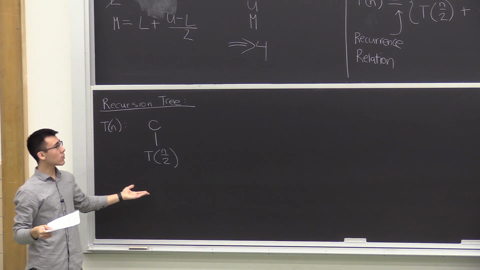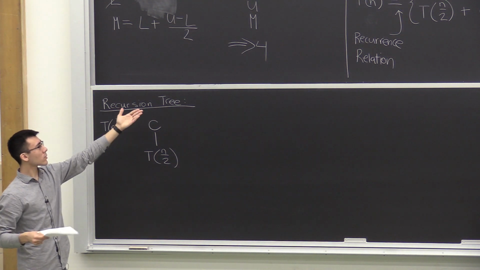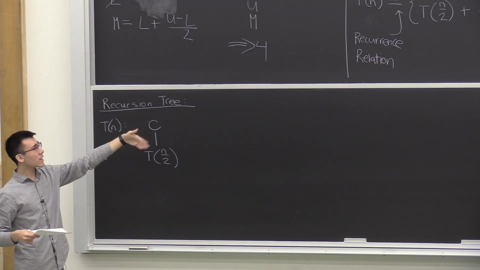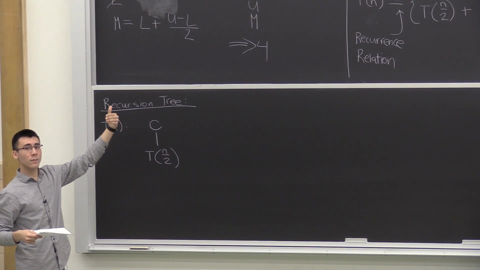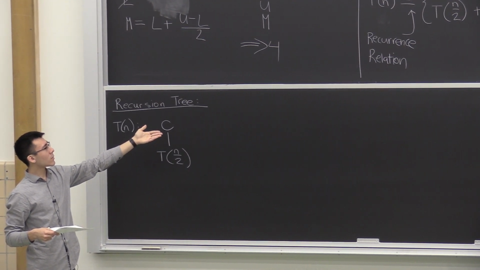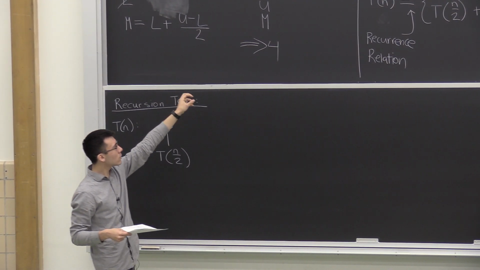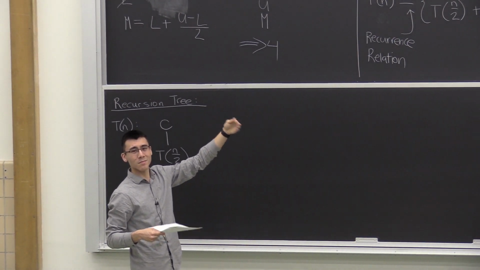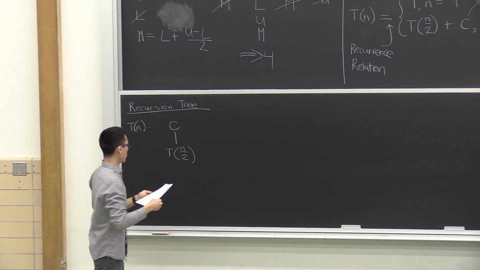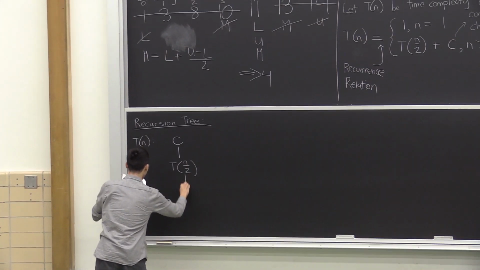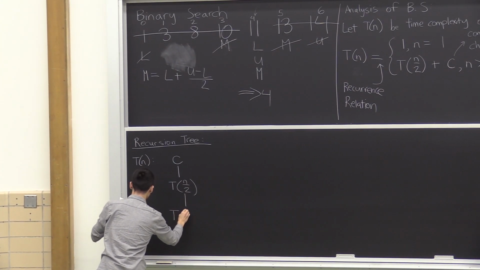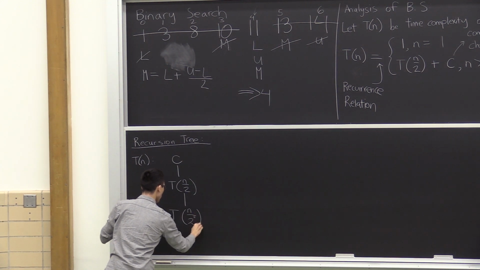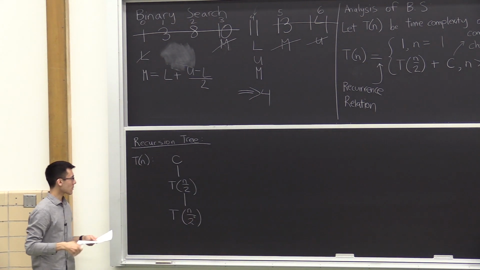But T of n over 2, that also has a relation. And that's also going to consist of c and T of n over 4, right? Because imagine you take that n over 2, and then we divide that n over 2 by 2. So it's going to be T of n over 4. So this is also going to have T of n over 2 squared.